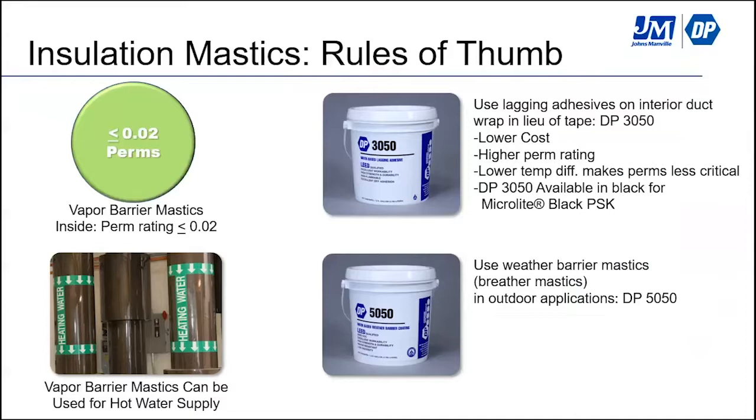A few rules of thumb for insulation mastics, and I'm going to paint this with, pardon the pun, a very wide brush. Anything inside the building envelope below the roof, typically vapor barrier mastics are used on pipe insulation.